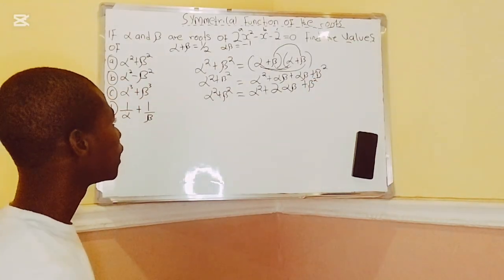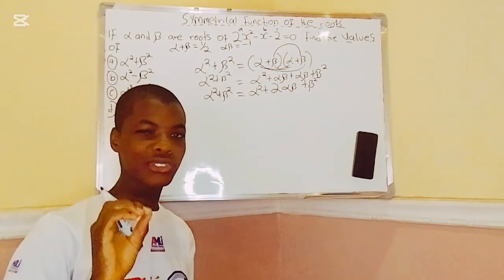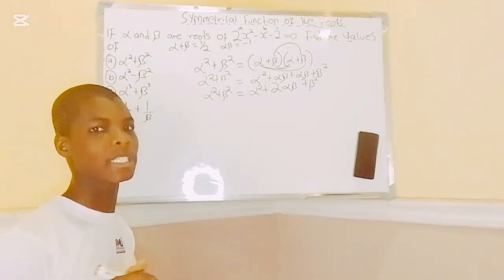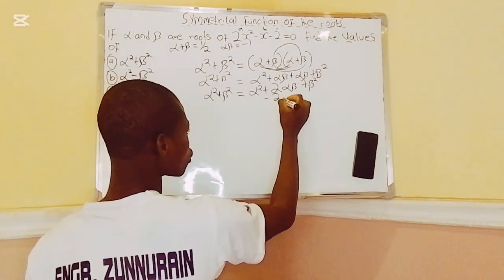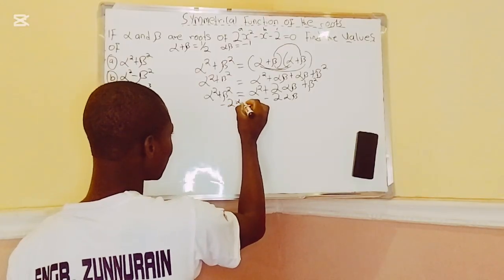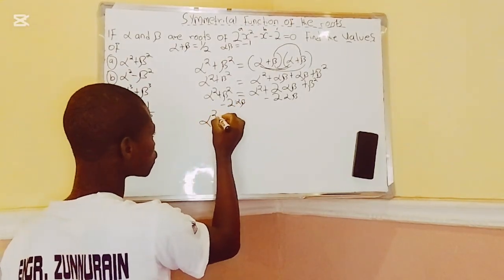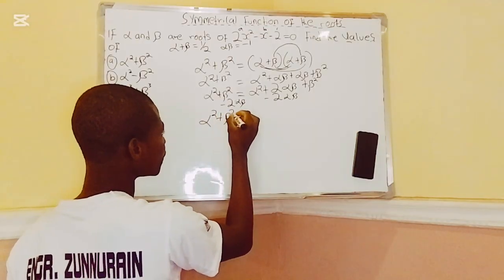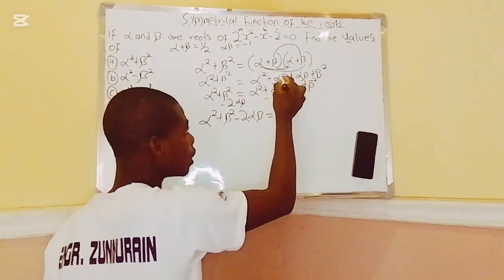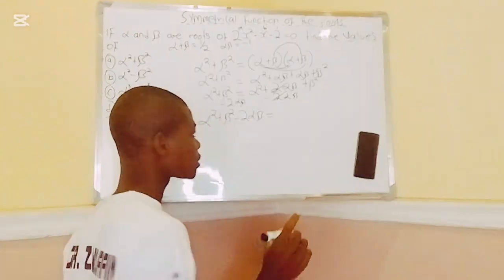So if you really know how to expand this bracket, you just have to subtract minus 2 alpha beta from both sides. If I subtract 2 alpha beta, I will end up having alpha squared plus beta squared minus 2 alpha beta, which will be equal to plus 2 alpha beta minus 2 alpha beta, which is 0.